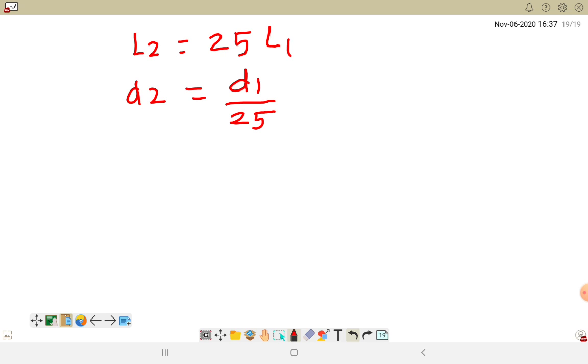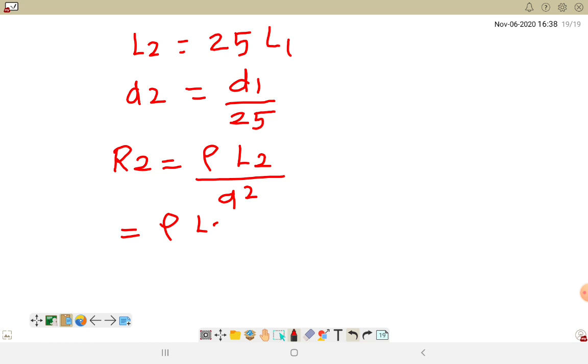I am going to find out the new resistance value R2. Rho into L2 by A2. So what is rho into L2 by pi/4 into D2 square?